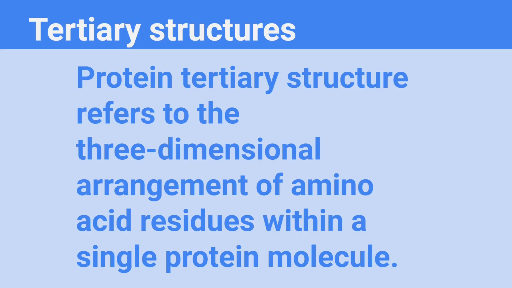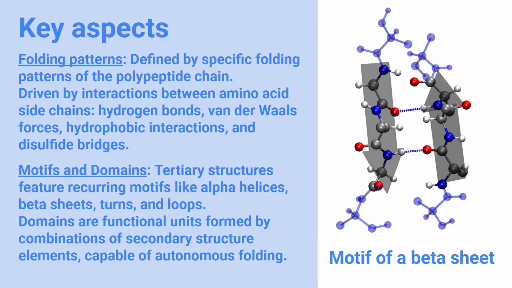Let's delve deeper into the key aspects of protein tertiary structures. So, one of them is folding. Protein tertiary structure is defined by specific folding patterns adopted by the polypeptide chain.